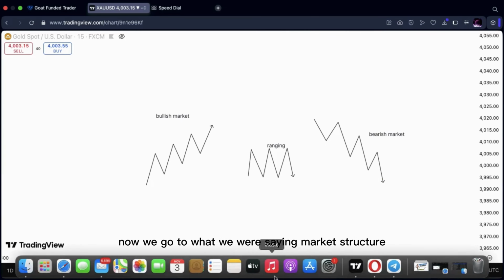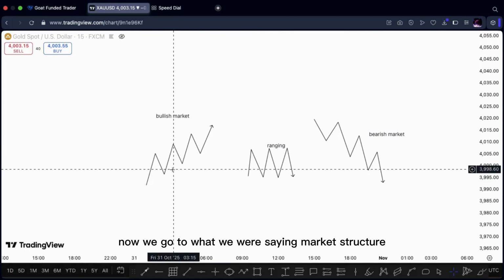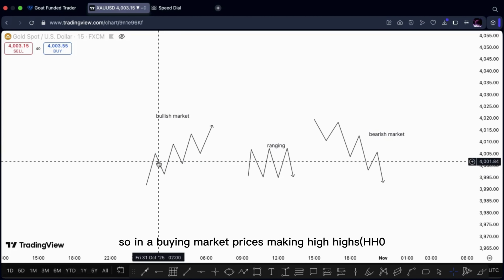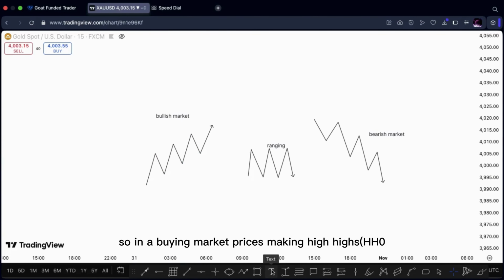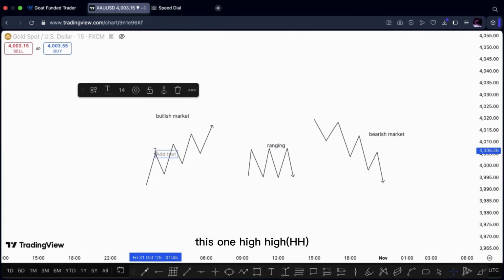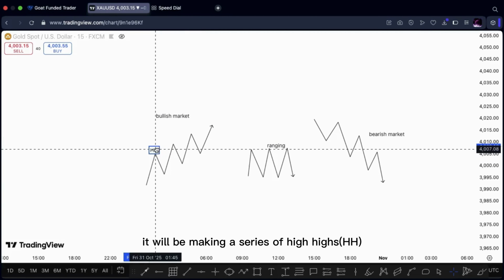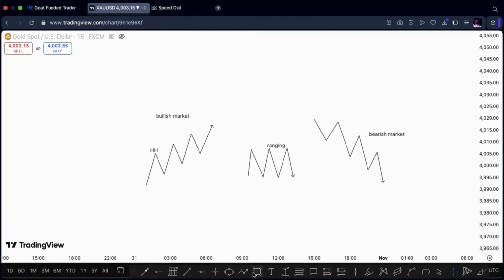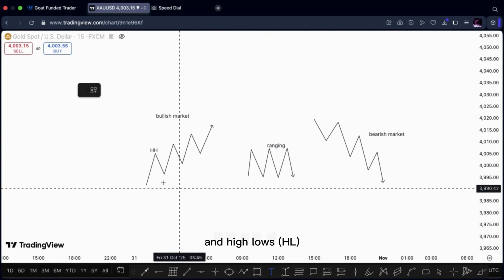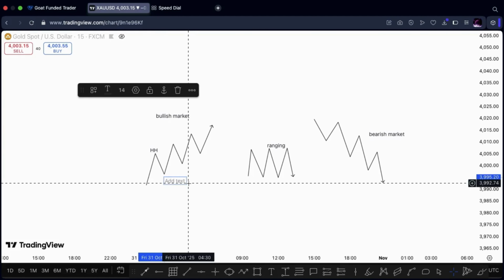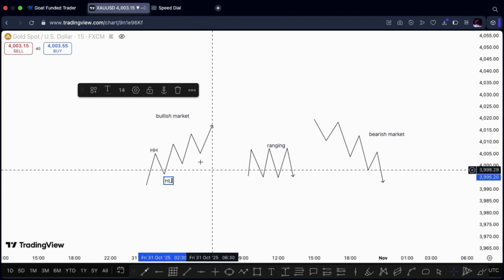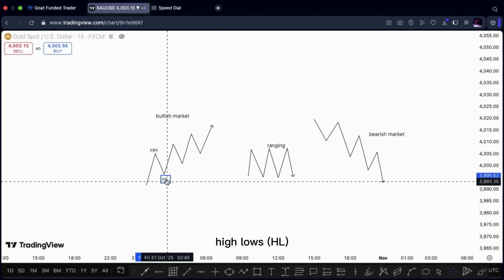Now we go to what we were saying, market structure. So in a buying market, price is making higher highs, it will be making a series of higher highs and higher lows.